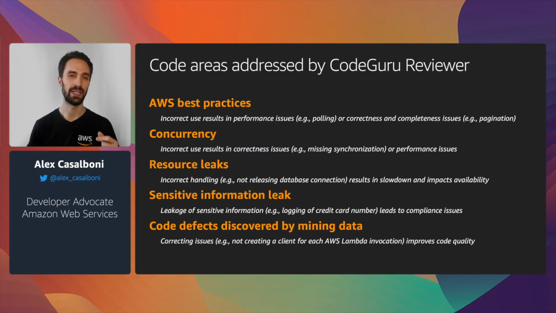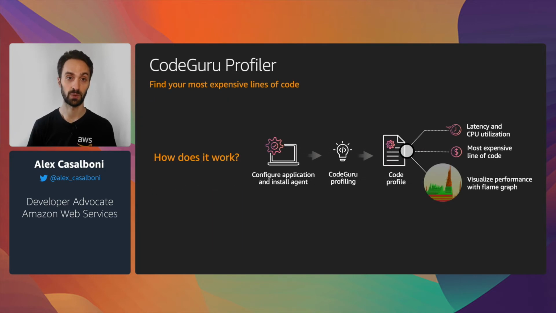It could be a data structure that could be optimized, or it could be, I don't know, a pagination issue, or maybe a better, more optimal way to deal with polling, for example. And you think it's just a couple of lines of code changes, but sometimes, especially if you run on services that you pay for in a pay-per-use model, it might help you spend less on your infrastructure cost as well.